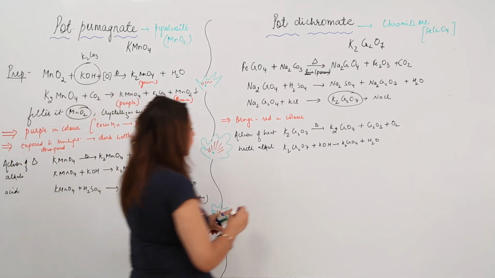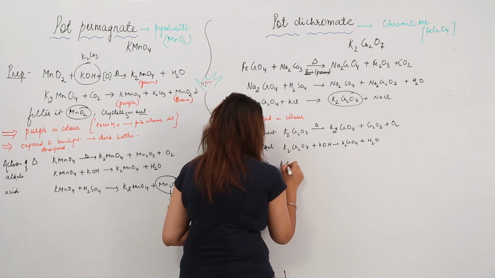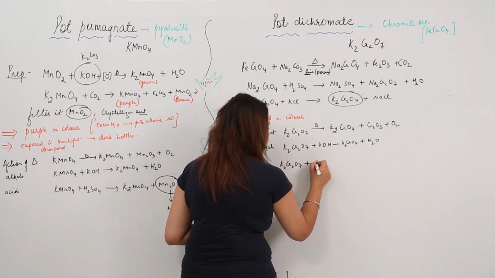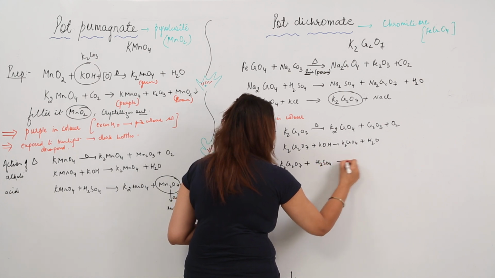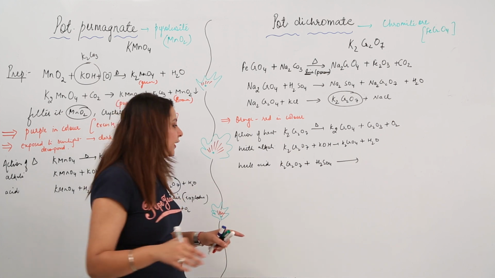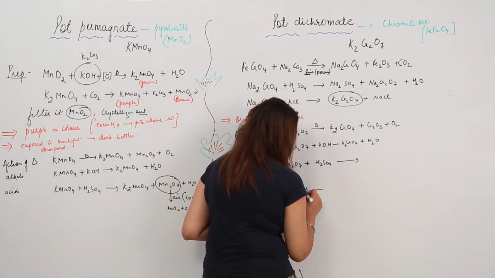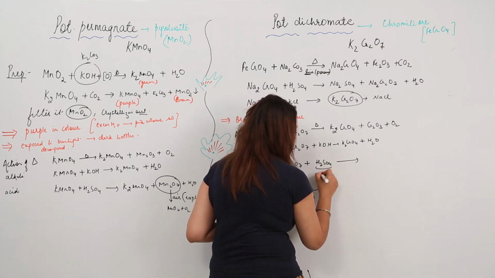Now if we react this with acid, sulfuric acid, it actually shows two kinds of reaction: when we react it with concentrated sulfuric acid and when we react with dilute sulfuric acid. So let us say concentrated this side and dilute this side.